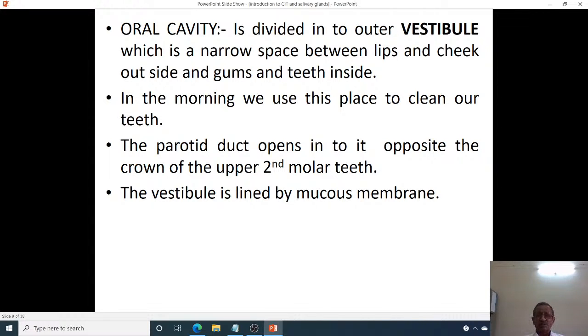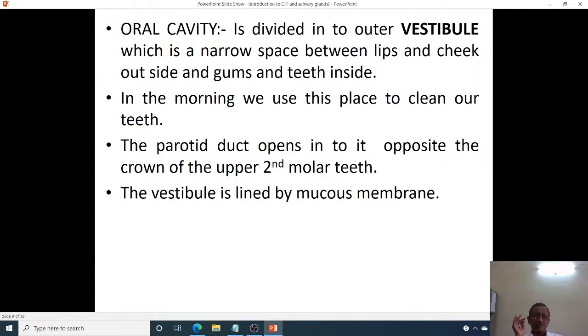The oral cavity is divided into the outer vestibule, which is a narrow space between the lips and cheek outside and the gums and teeth inside. When you close your mouth completely and blow, you see your cheeks ballooning out, and you will see a space. The parotid duct opens into it opposite the crown of the upper second molar tooth.